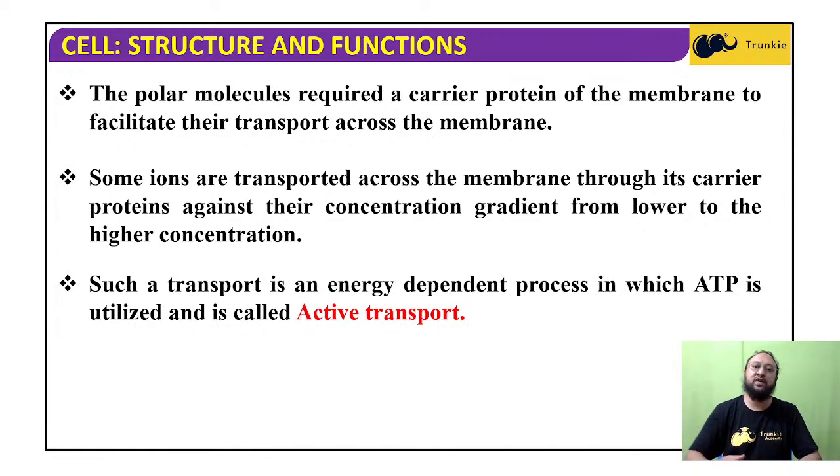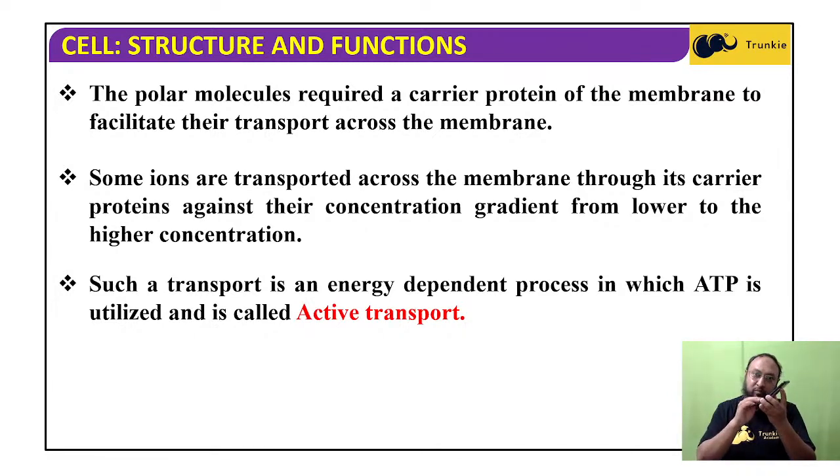Such a transport is an energy dependent process in which ATP is utilized, and it is called active transport. Unlike passive transport, here there is a requirement of energy, and this is against the concentration gradient, that is from lower concentration to higher concentration. Like I have already explained in one class, when something is on an inclined plane, it will automatically roll down because of the gravitational force.